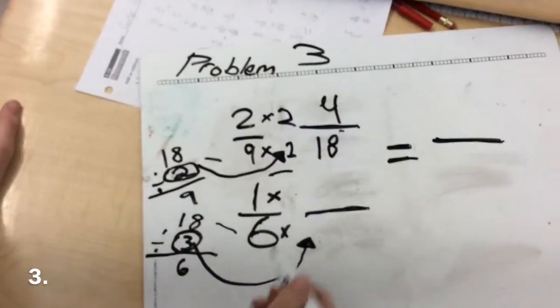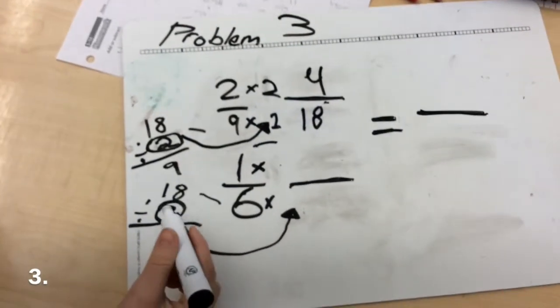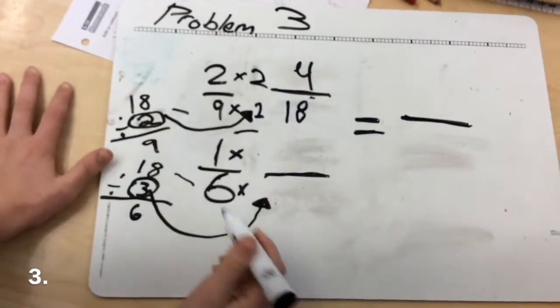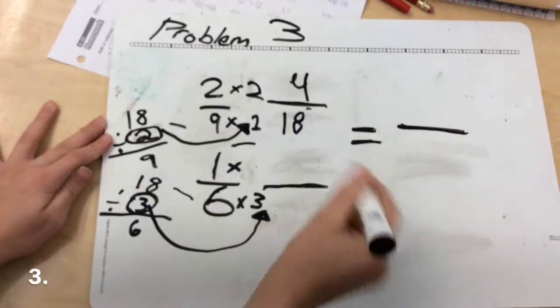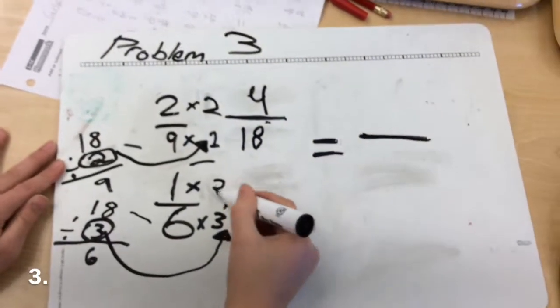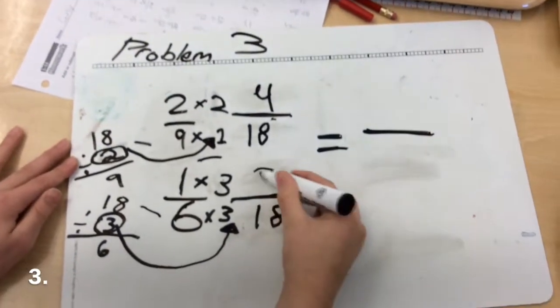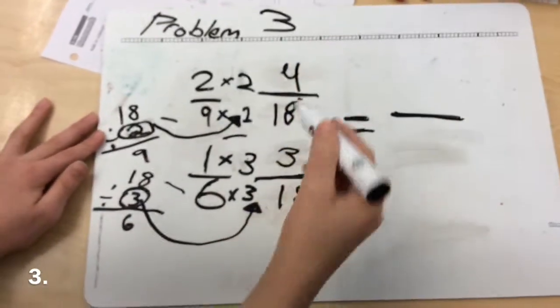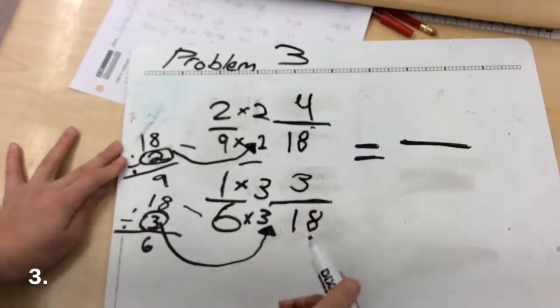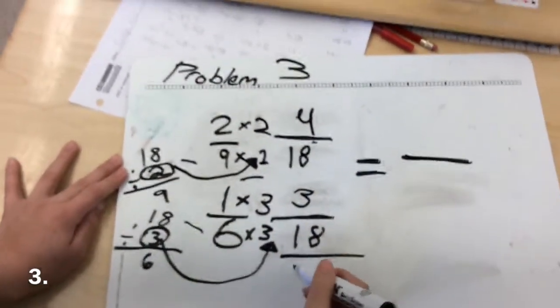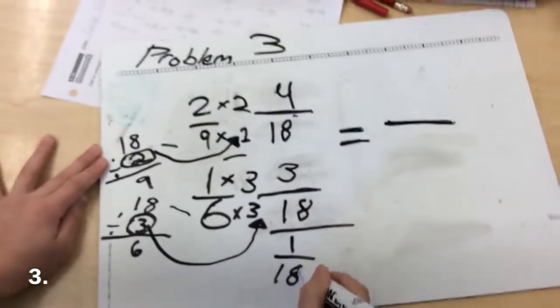So then 6 goes into 18 3 times. So 6 times 3, whatever you do to the bottom, you do to the top. So 6 times 3 is 18. 1 times 3 is 3. So then you take 4/18 minus 3/18 equals 1/18.